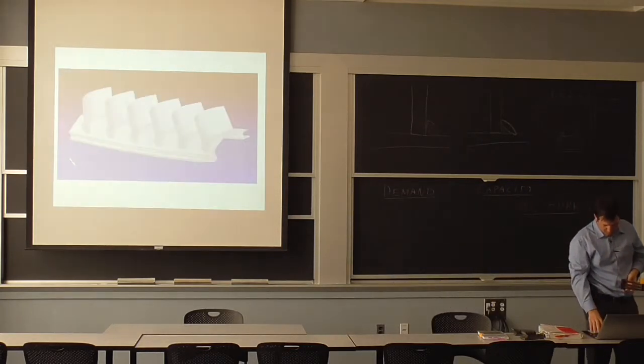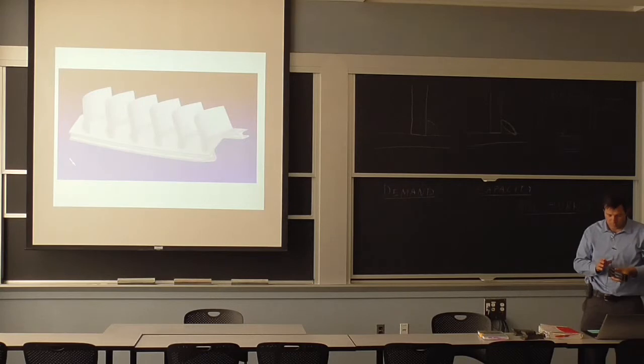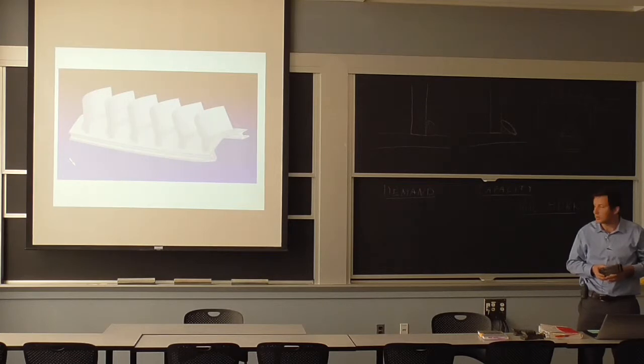What I'm showing here for the turbine blade now is just a rendering with simple triangles, an STL file, a very standard surface file that gives you all that profile information.